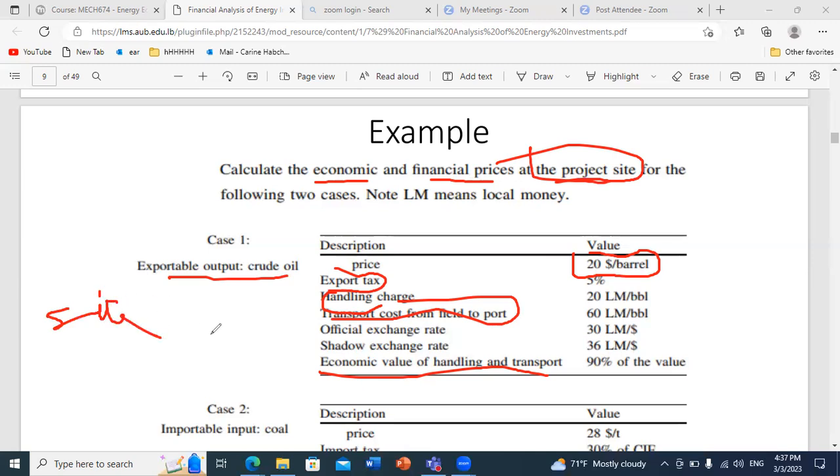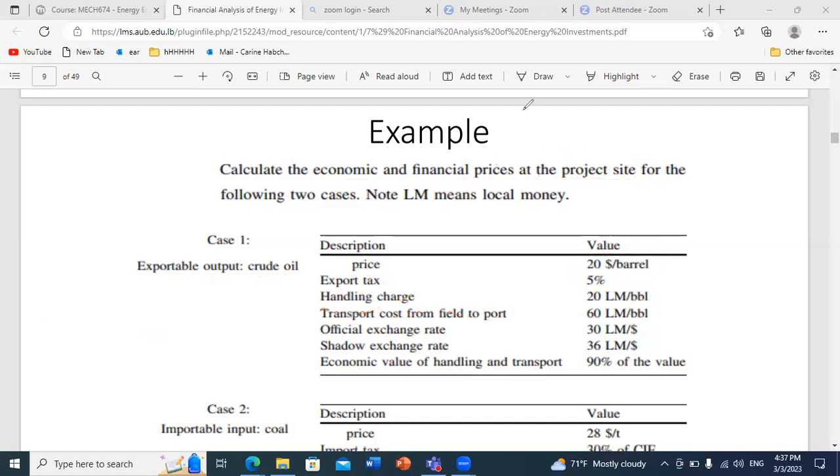After extraction, to sell your product, you should pay the export tax, the handling charge, the transport charge, etc. To do this, you should subtract all of these payments from the final price in order to know the price at the project site.